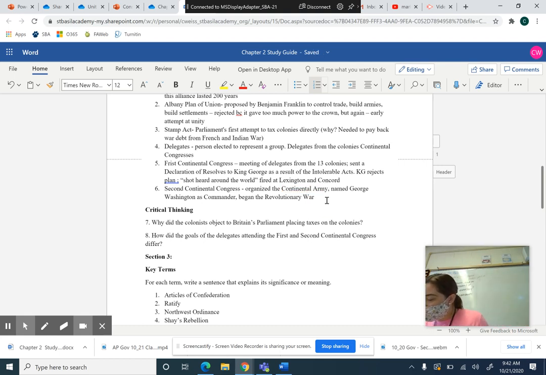Anything anybody wants to add to that? They took stronger measures against the Crown. Excellent. So they took stronger measures against the Crown and decided it was time to react. Therefore, they built the Continental Army, named George Washington commander, and said, all right, let's get this rolling. Are we good with that?